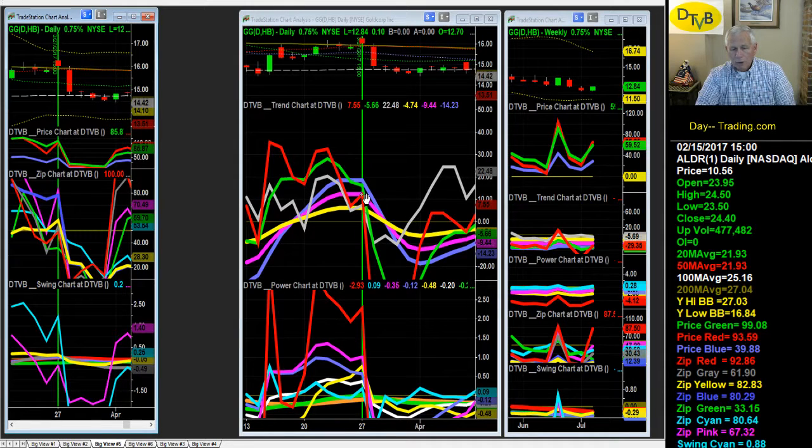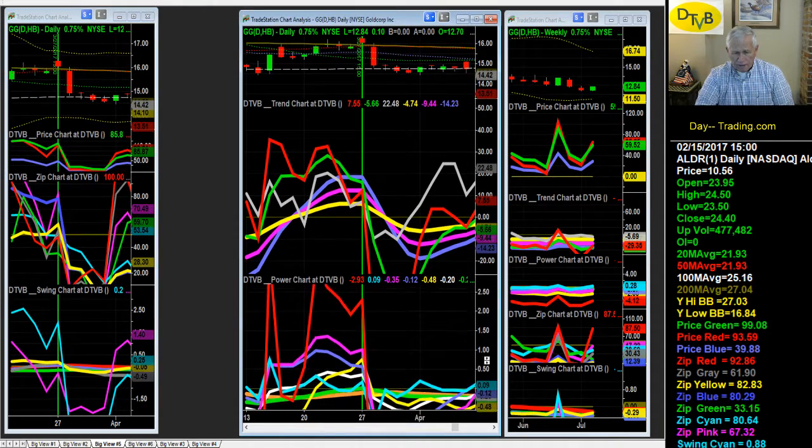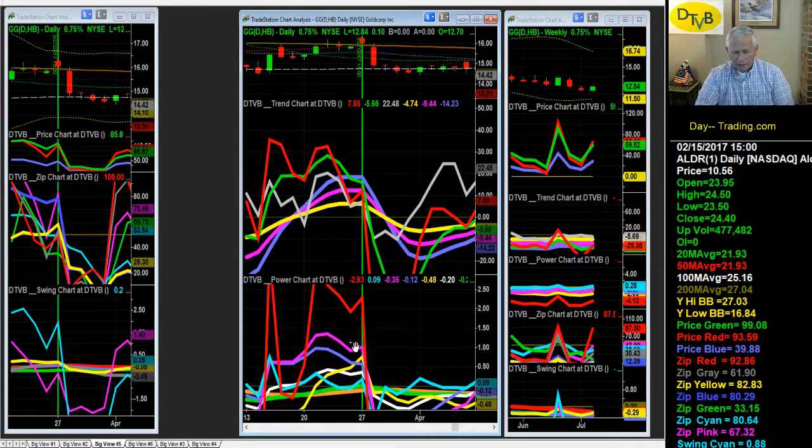This time you have a really big red candle, and one of the reasons is that trend red up-touched the pink line in the trend trio. Gray is also up just a little bit over yellow, so it probably qualifies as an up-touch pink. And then, of course, you have an excellent pattern in the power chart with all five. The power five, actually, excuse me, all six.